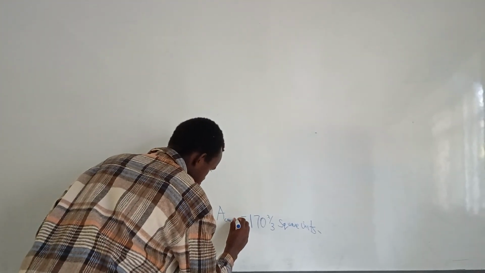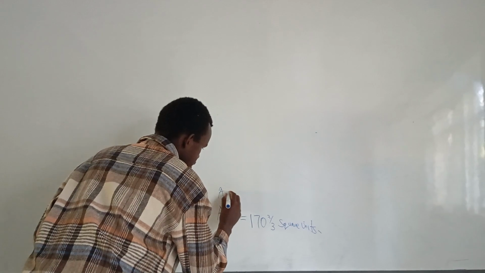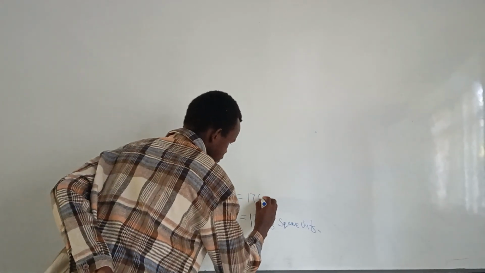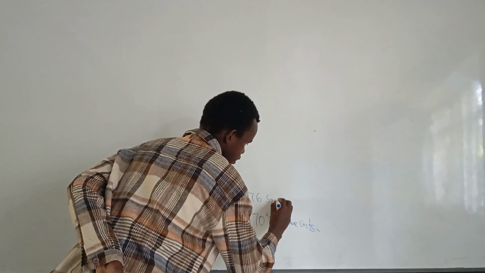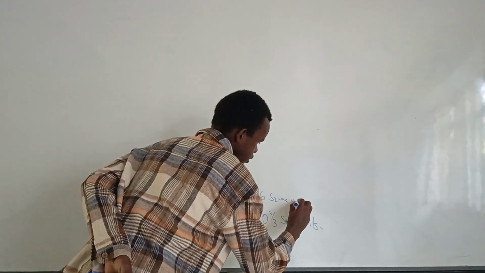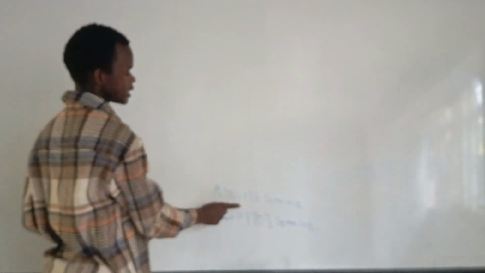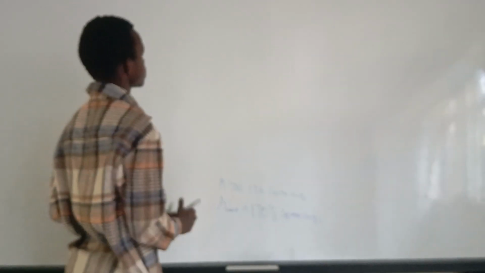The area being approximated is 176 square units. So from here, let's calculate the percentage error that has occurred.